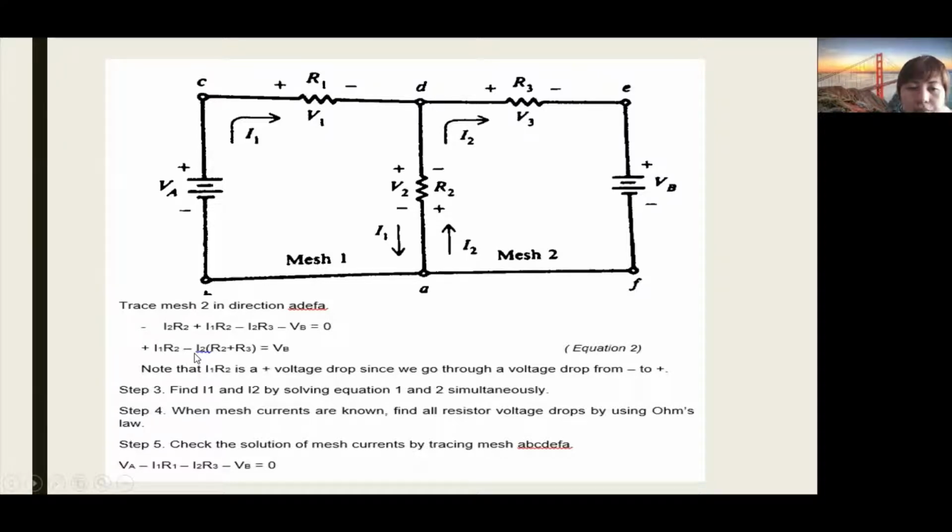Then here, just like what we did a while ago for mesh 1, positive I1 is here, then R2 minus I2, so it's here.